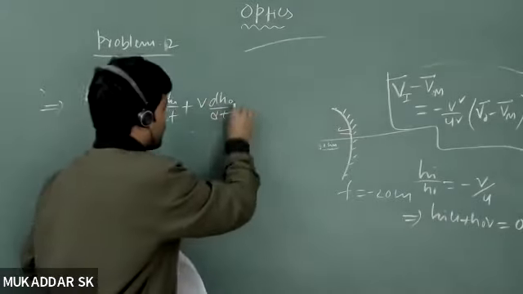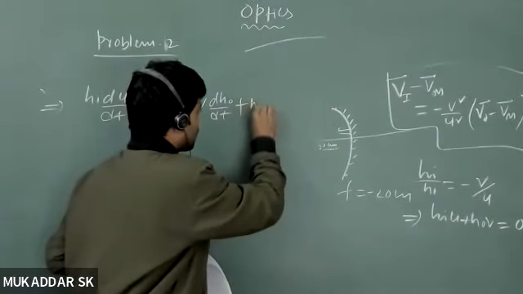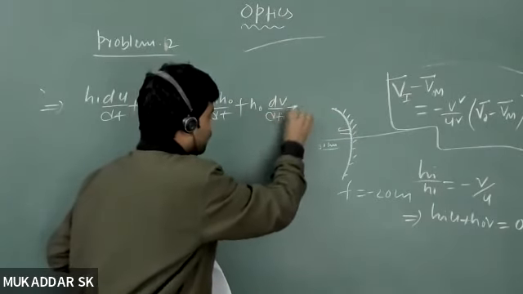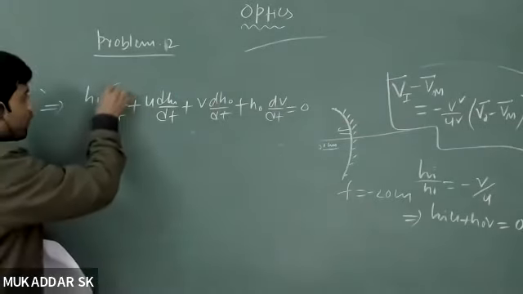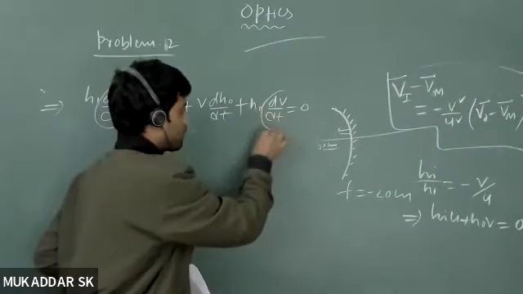Then the last term: I keep ho as a constant and differentiate v with respect to time, and that should be equal to 0. Now, can you please tell me what will be the value of this factor, and also of this factor?